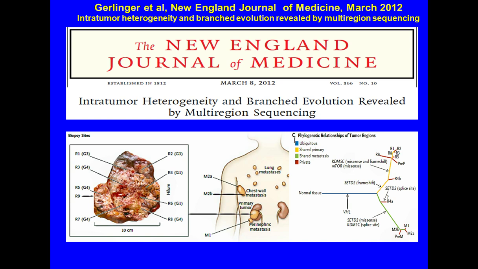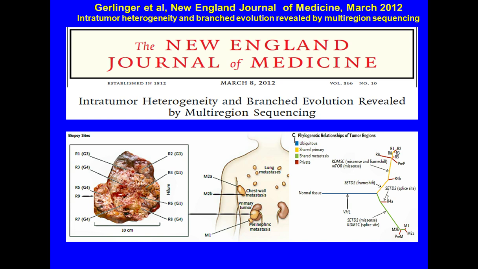But even in samples where the majority of the cells are cancer cells, you still have intratumoral heterogeneity, as this landmark paper demonstrated back in 2012. It is from the group of Charles Swanton in England.